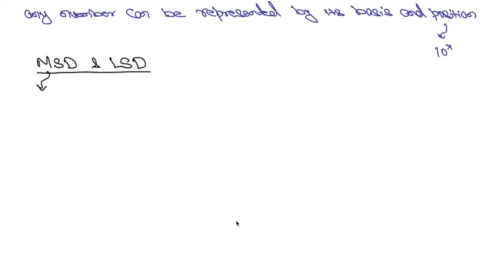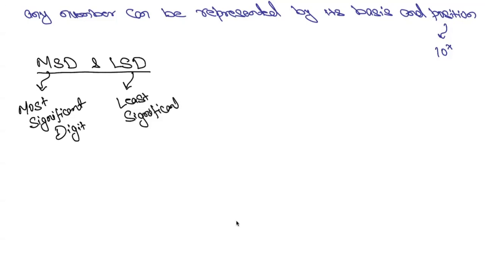MSD full form, try. Most significant digit. And it is basically least significant digit. And try to understand with the example.